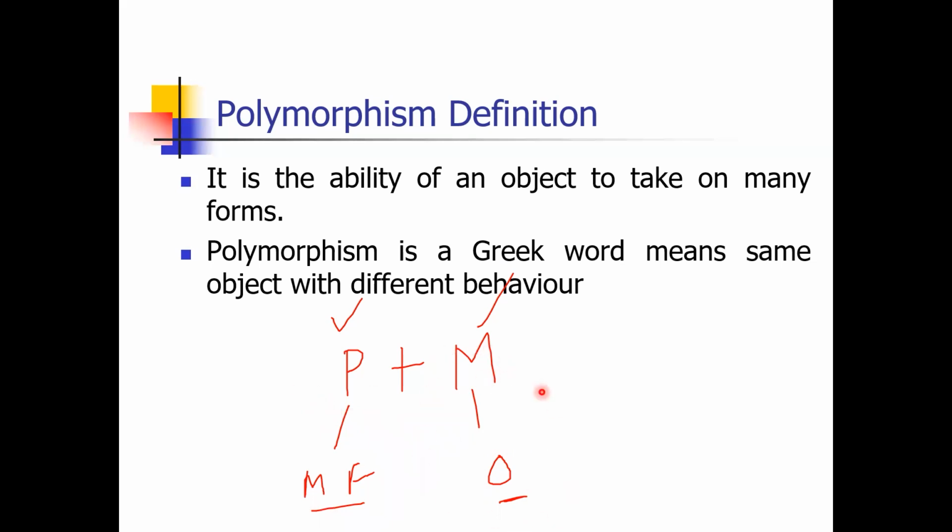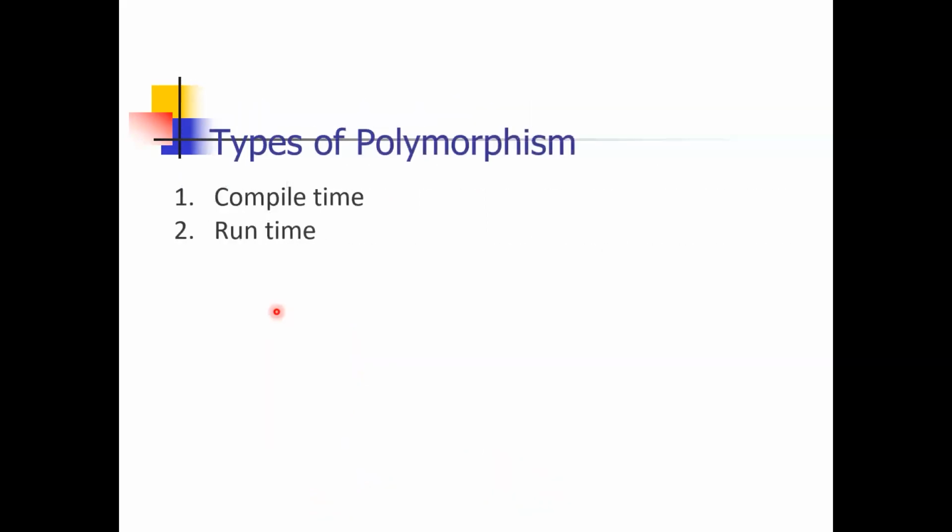Same object with many behaviors or many forms is called polymorphism. Definition wise, it is the ability of an object to take on many forms. Polymorphism is a Greek word, meaning same object with different behavior.